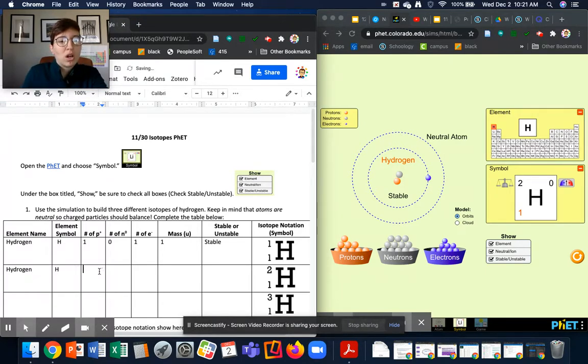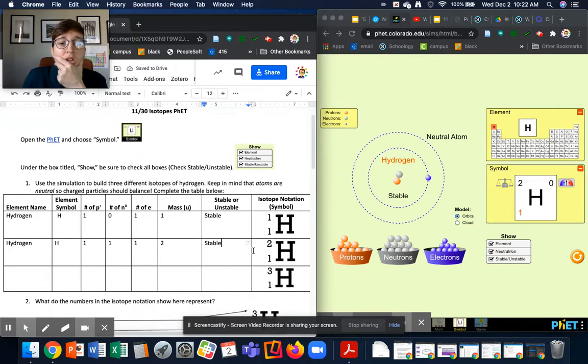We had 1 proton, we still have 1 proton. We had 0 neutrons in the first one, and now we have 1 neutron. We had 1 electron in the last one, and we have just 1 electron here. So the only thing we changed was the amount of neutrons. Our mass changed to 2, and this is still stable.